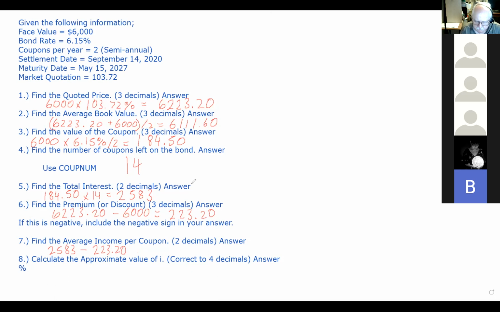And we've got to divide all that by the number of coupons. So all this divided by 14. Let's see what we get there. 2,583 minus 223.2 divided by 14, and I'm getting 168.56.